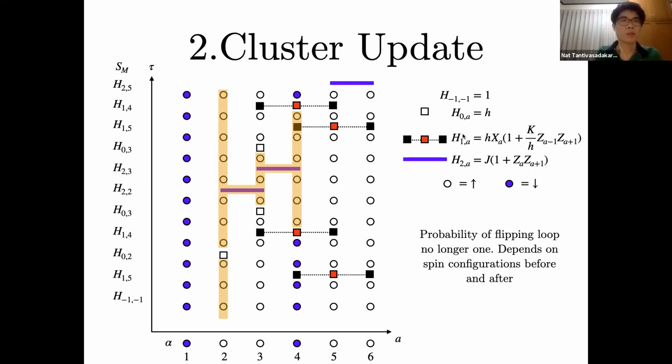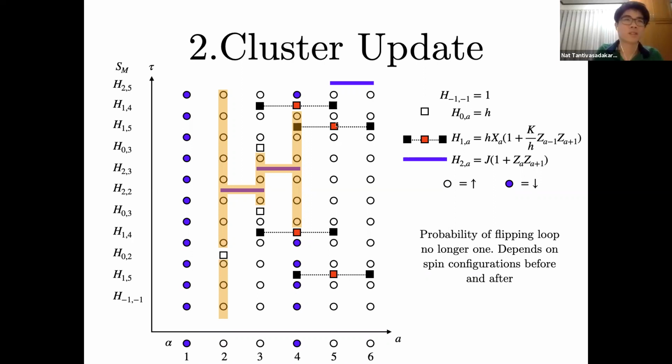And so what you have to be careful about is when you flip such a cluster, you have to calculate the probabilities carefully, because, for example, when I flip between these 2 states, you can see that when I flip the spin here, I'm flipping the spin up to spin down here, and that changes the weight of this operator here.